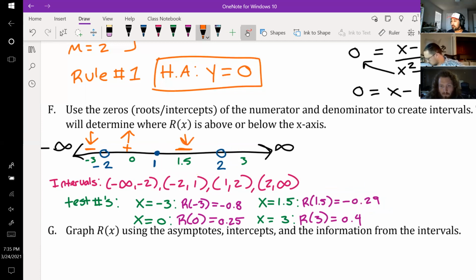And then from 2 to infinity, no matter what number you pick, the output will always be positive. There you go.